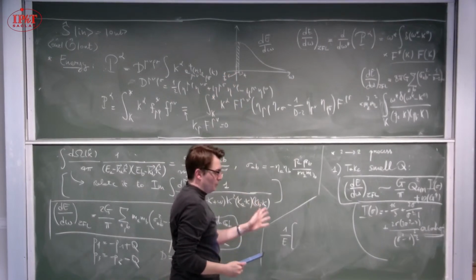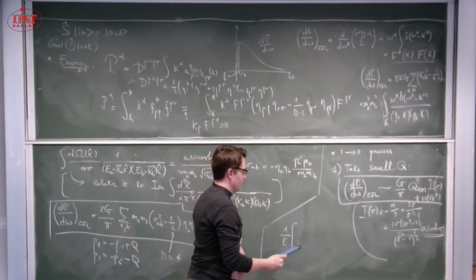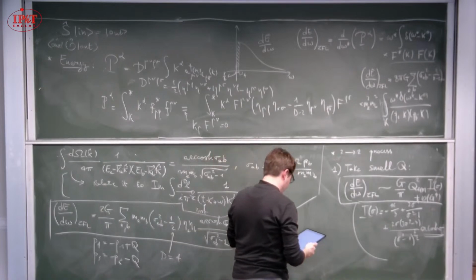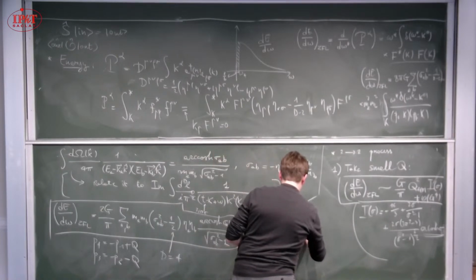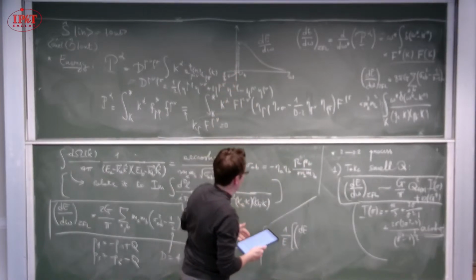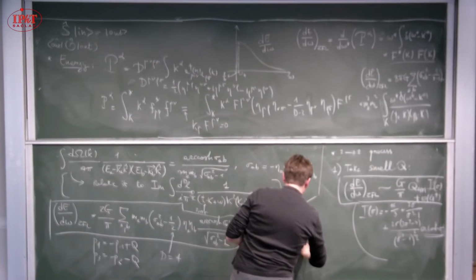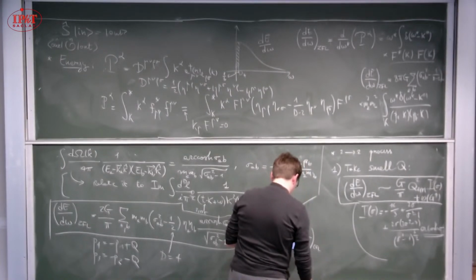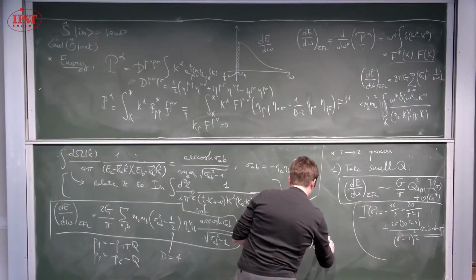So soft frequency means wavelength larger than the impact parameter. Then you can estimate the total energy lost just by this strip that I drew over there, in the zero frequency limit, so in the soft limit.